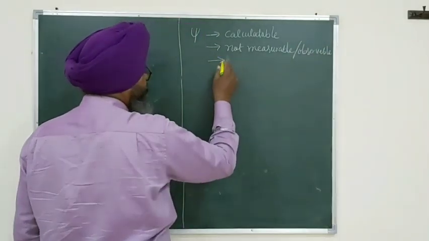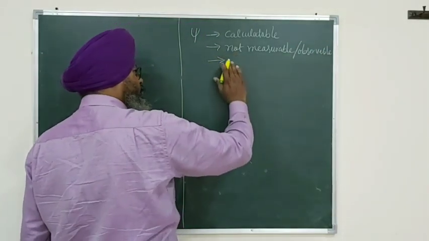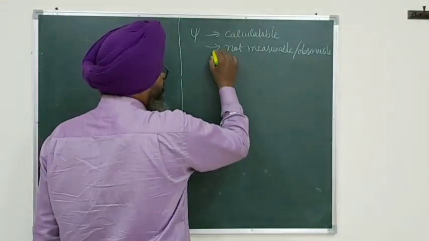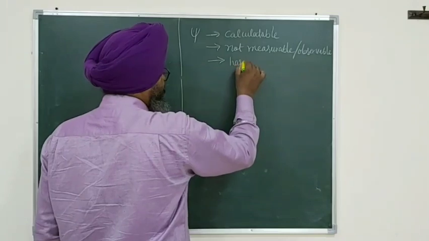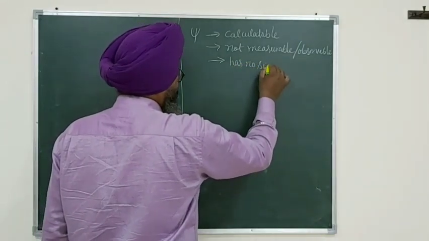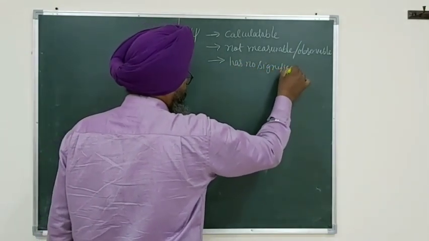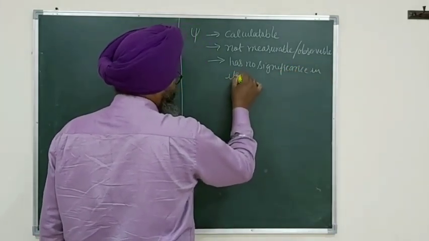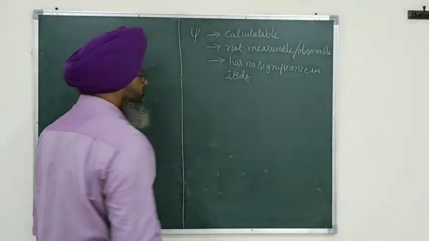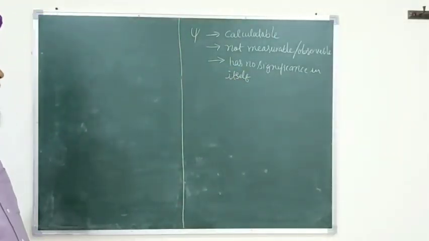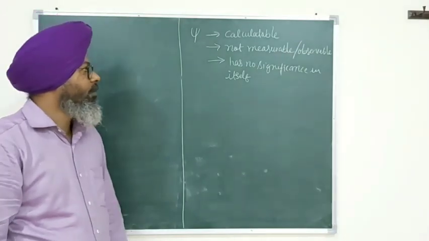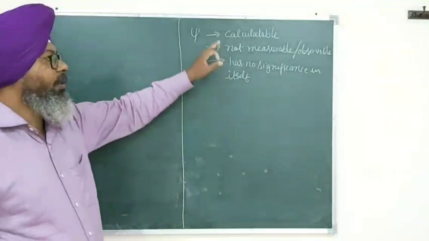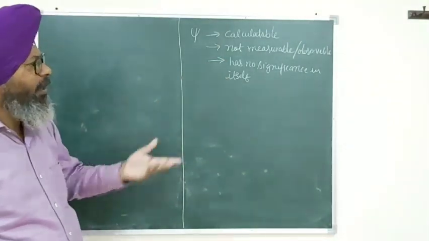So that leads to the statement which most of the teachers, including me, give in the class, that the wave function psi has no significance in itself. Okay, that creates an interesting question in our mind: if the wave function is not measurable, it has no significance, it can be only calculatable. How can it be calculatable?